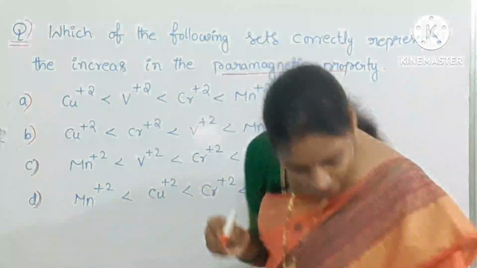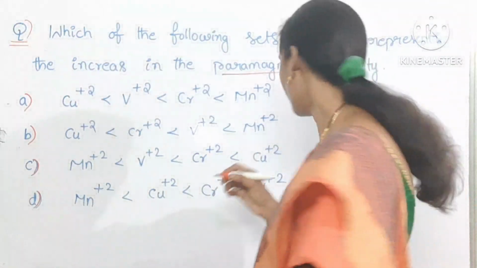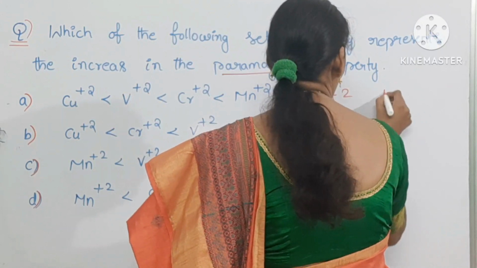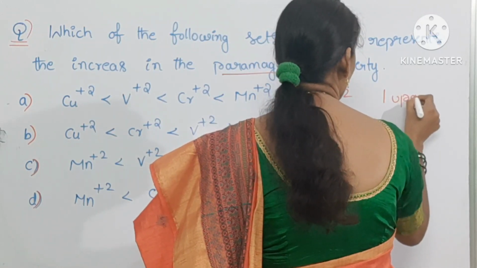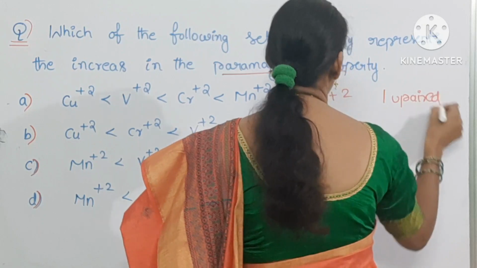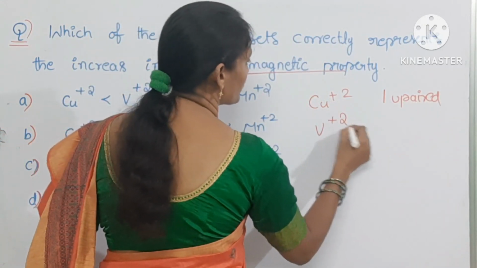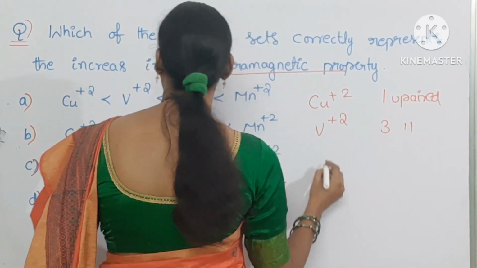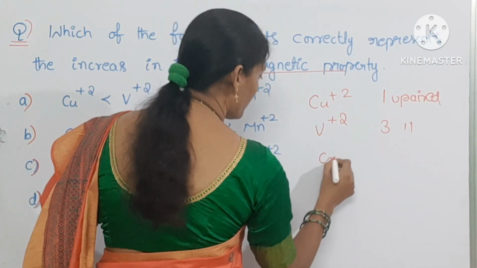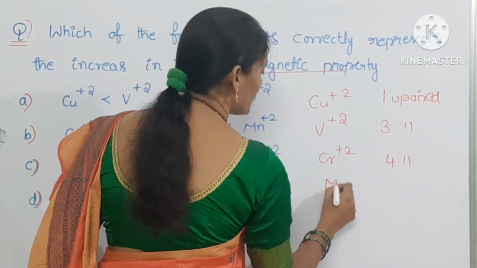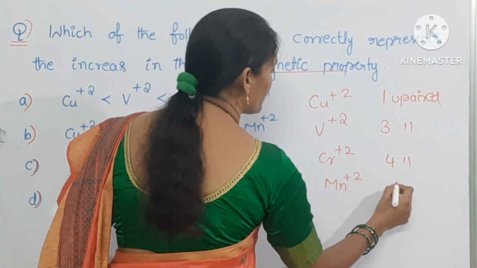So here, Cu plus 2 has only one unpaired electron, and vanadium plus 2 has 3 unpaired electrons. Next, chromium plus 2 has 4 unpaired, manganese plus 2 has 5 unpaired electrons.